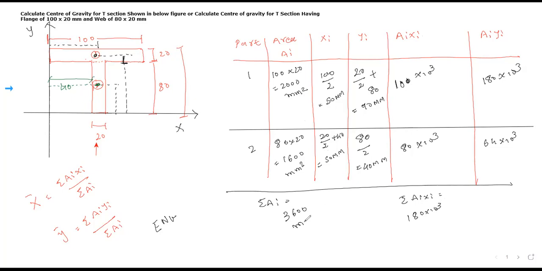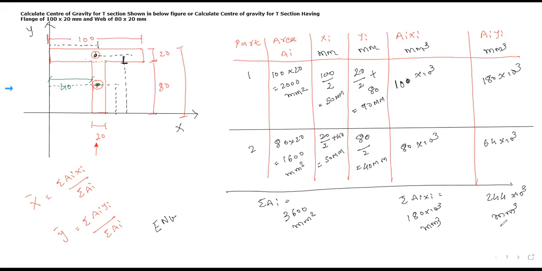Its unit will be mm³. 180 plus 64, you will get 244 into 10⁻³. I hope it is clear to all of you.